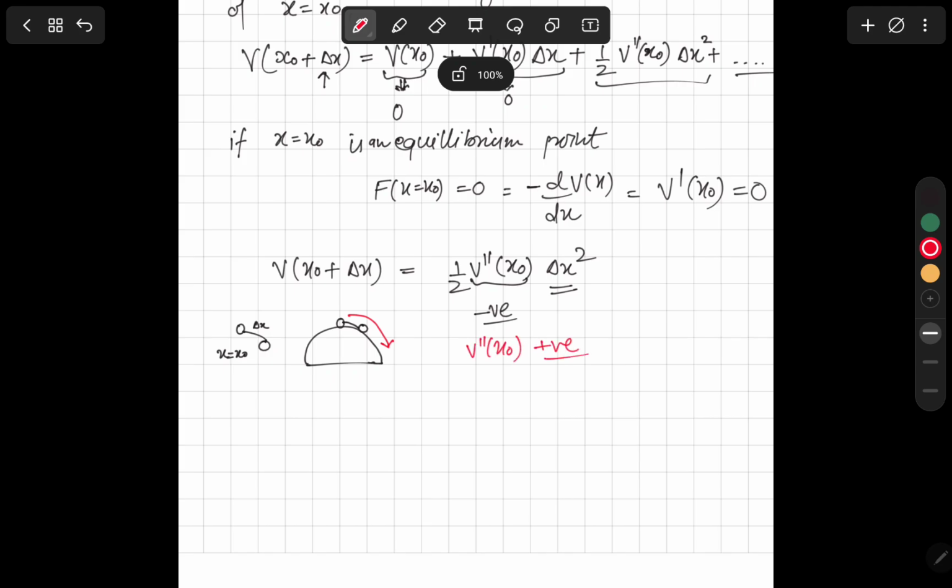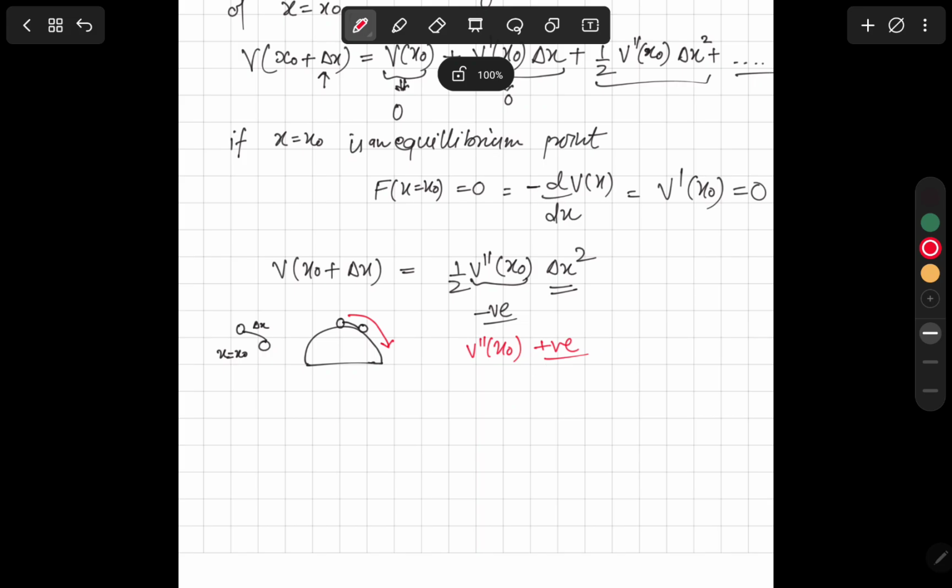If it is positive, it means that the new potential energy will be higher than what we started from, and so the system, ideally the system wants to minimize its potential energy, so it will somehow try to regain its original position.